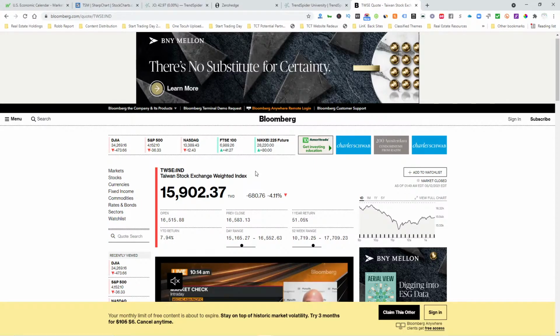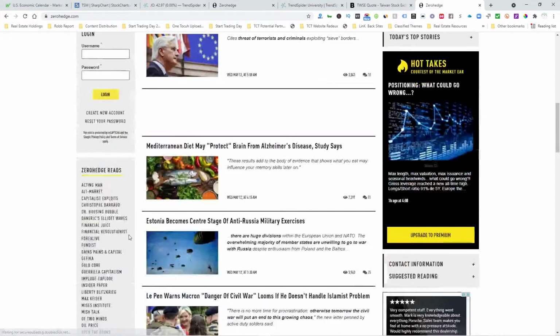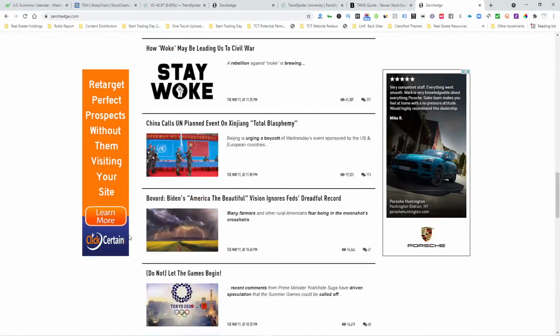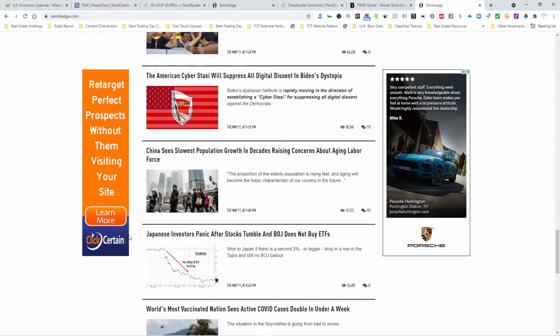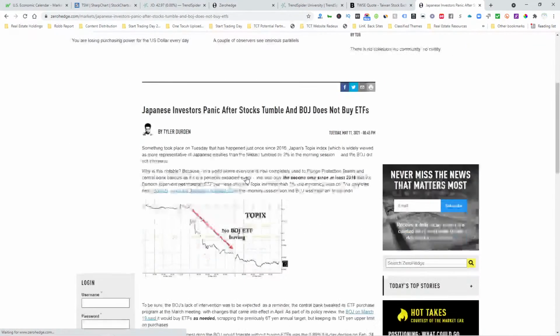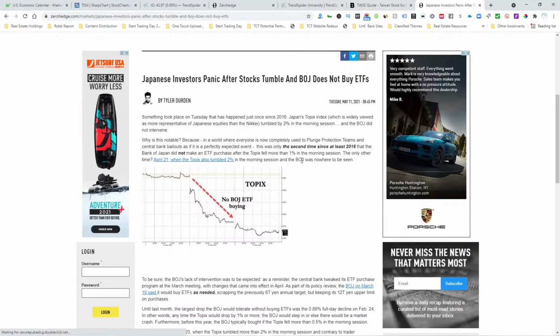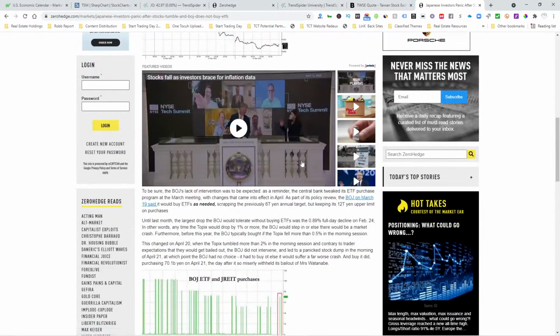The question is what drove it. You know, the Chinese have been doing a lot of military flyovers into Taiwanese airspace. Zero Hedge has been pretty good about covering that. I'm not seeing anything here. Oh, look at this. Japanese investors panic after stocks tumble and BOJ, Bank of Japan, does not buy ETFs. Whoa. This could have had a knock-on effect.